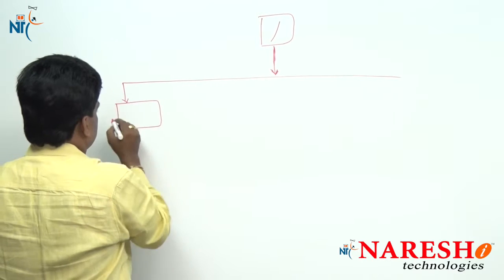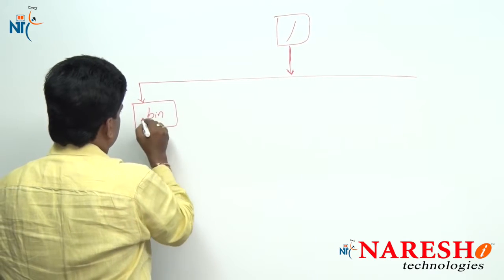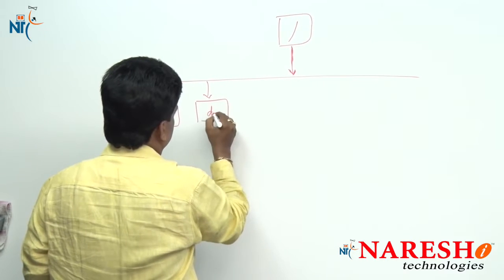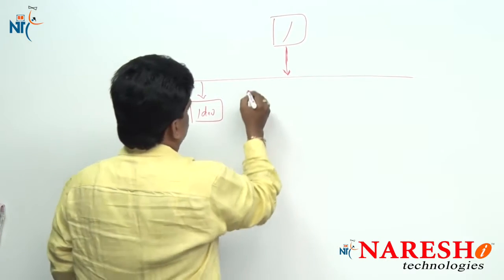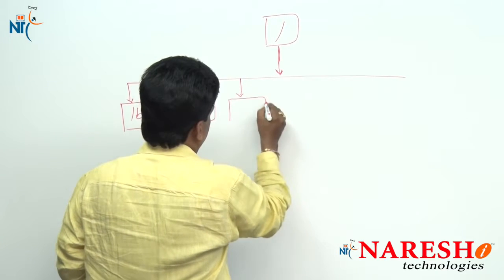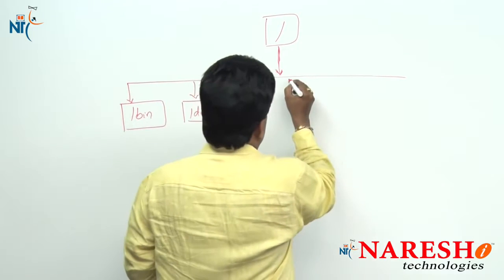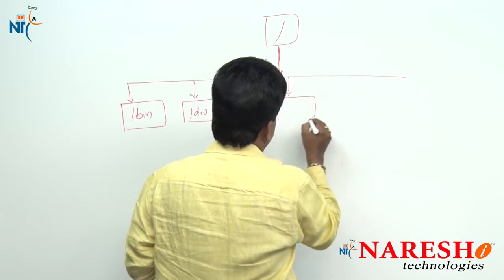First one is bin. Second one is dev, device. Bin means binary. Third one is boot. Fourth one is home.